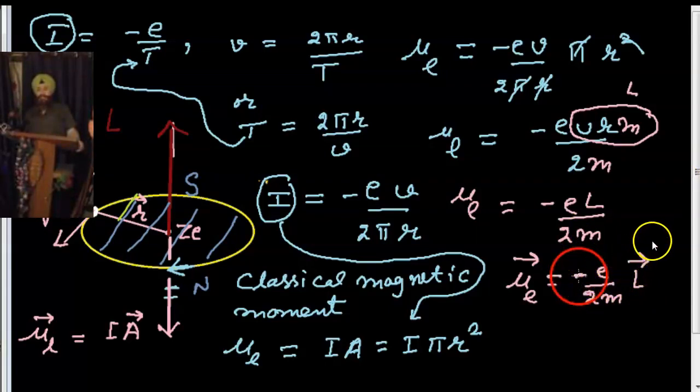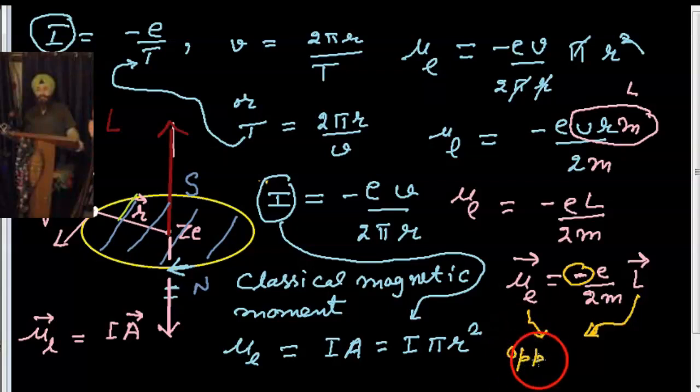It tells us that the direction of angular momentum and the direction of magnetic moment will be opposite, 180 degrees. So it is clear from the figure also, as L is along positive z, mu L is along negative z. So the negative sign also signifies the same. So opposite in direction.